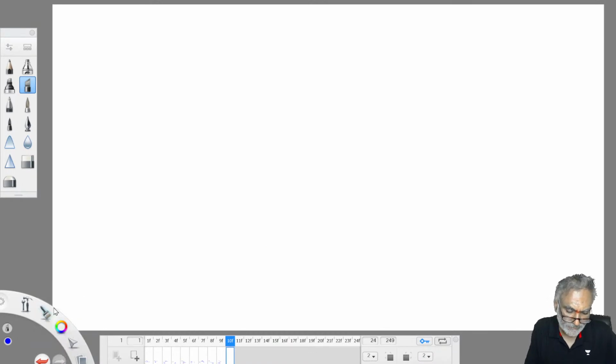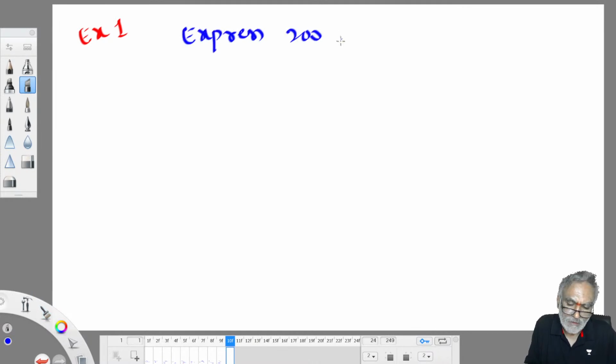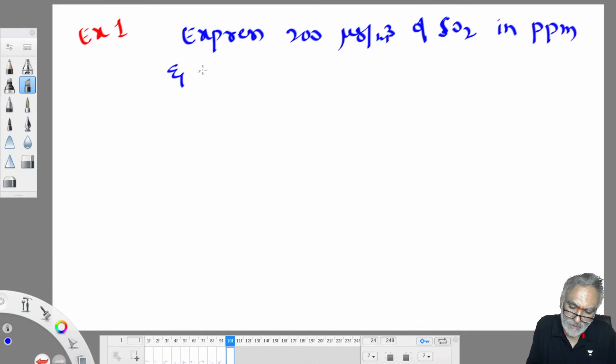Question number 1. Express 200 microgram per meter cube of sulfur dioxide in ppm and ppb at STP.